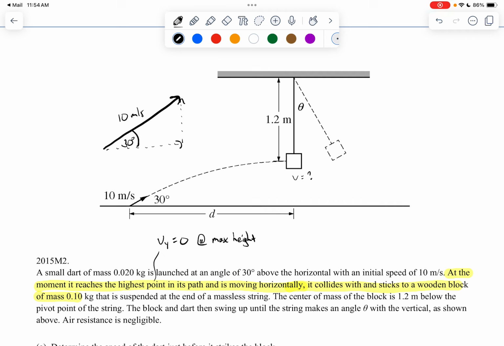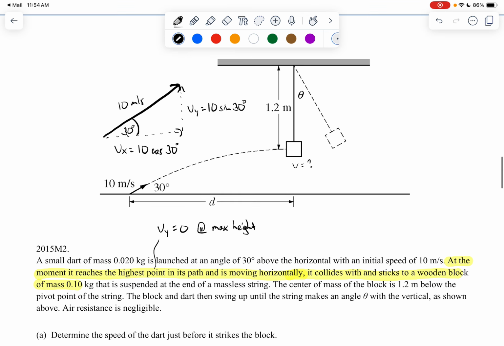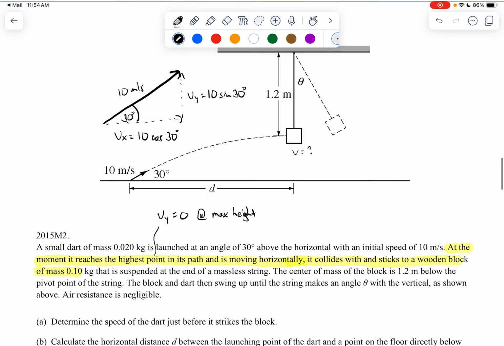So our velocity in the x direction is equal to our overall speed multiplied by the cosine of our launch angle, so we'll have 10 cosine 30 degrees. The velocity in the y direction is our speed of 10 multiplied by sine of our angle of 30 degrees. From here, if you wanted the numerical value, you could get it. For now, we'll just leave it in terms of 10 cosine 30 and 10 sine 30.